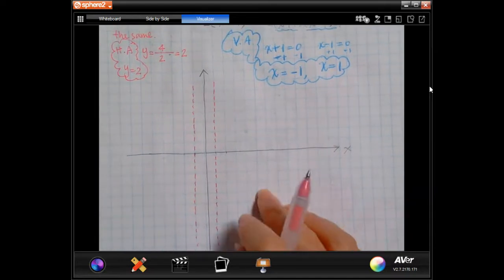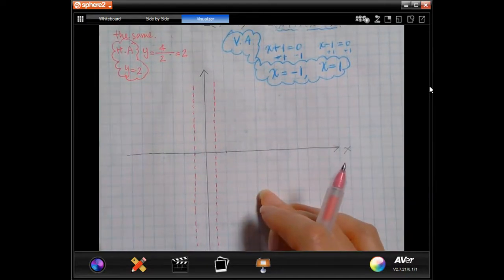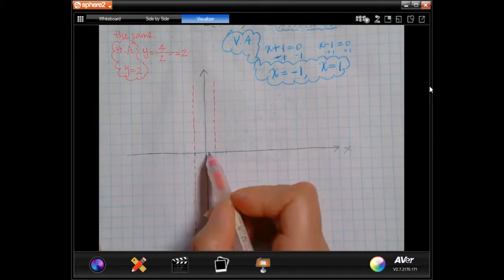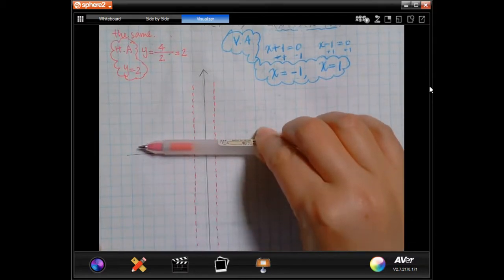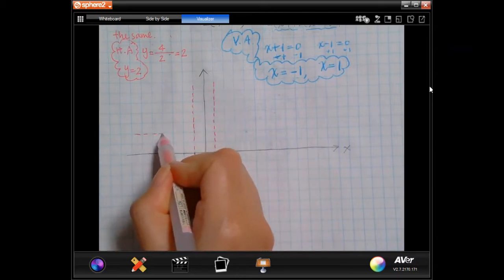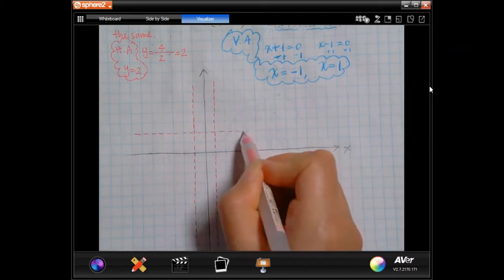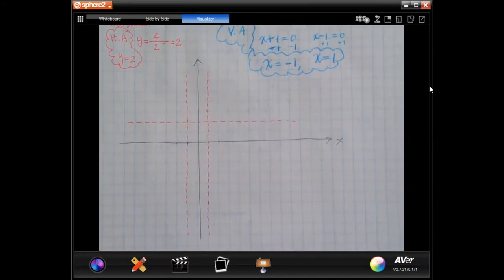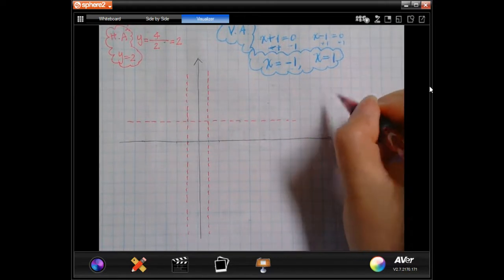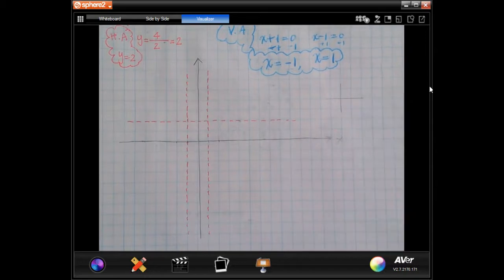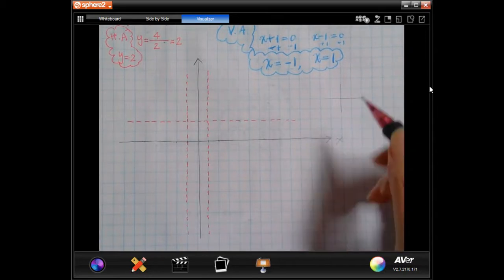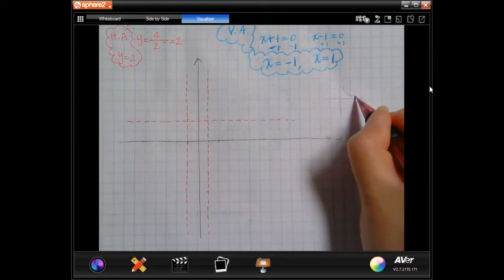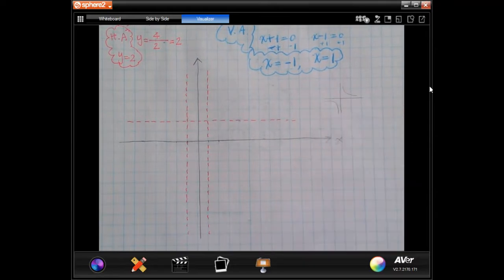Then the horizontal asymptote is at where? Y equals 2. So now it's not on the x-axis anymore. Now I have to shift it up by 2, and then it's going to be here. Then it gives us a big question. I am only used to seeing the basic structure of a rational function takes 2 curves in quadrants 1 and 3.